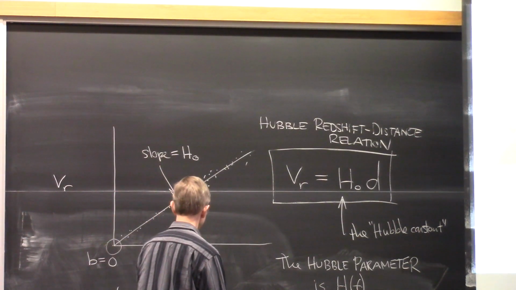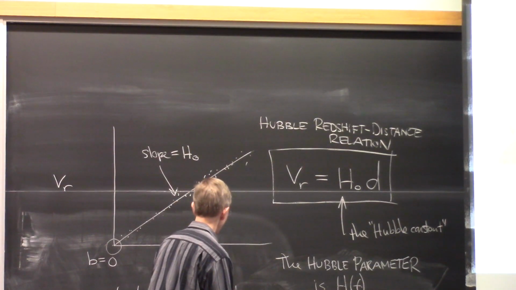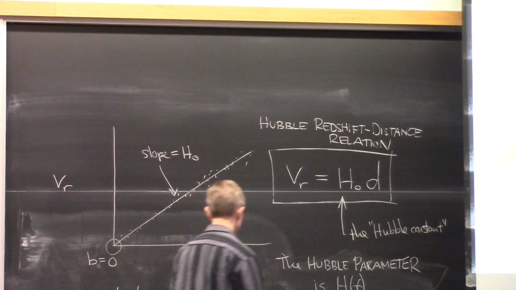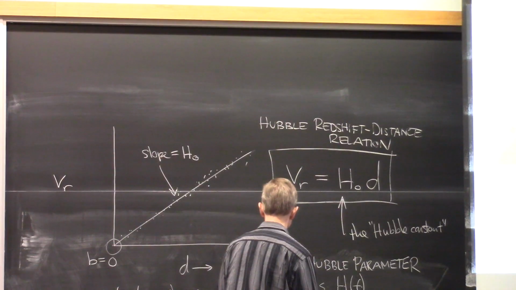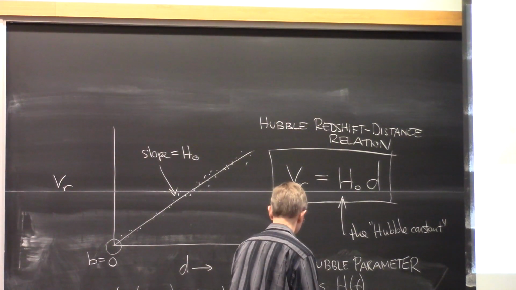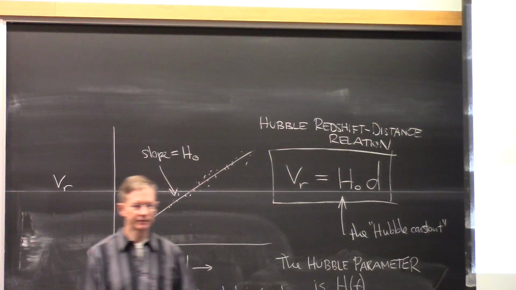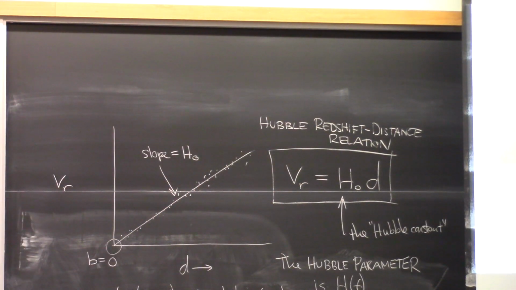T equals t naught is the present time, present age of the universe. And you might say, like, you mean today, or yesterday, or tomorrow, or 100 years ago? Does it matter? How old's the universe? 13.8 billion years, right?